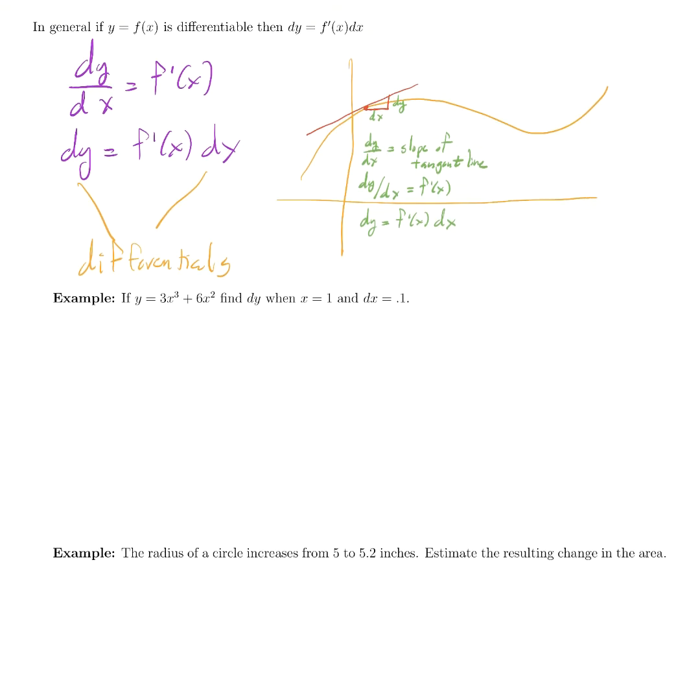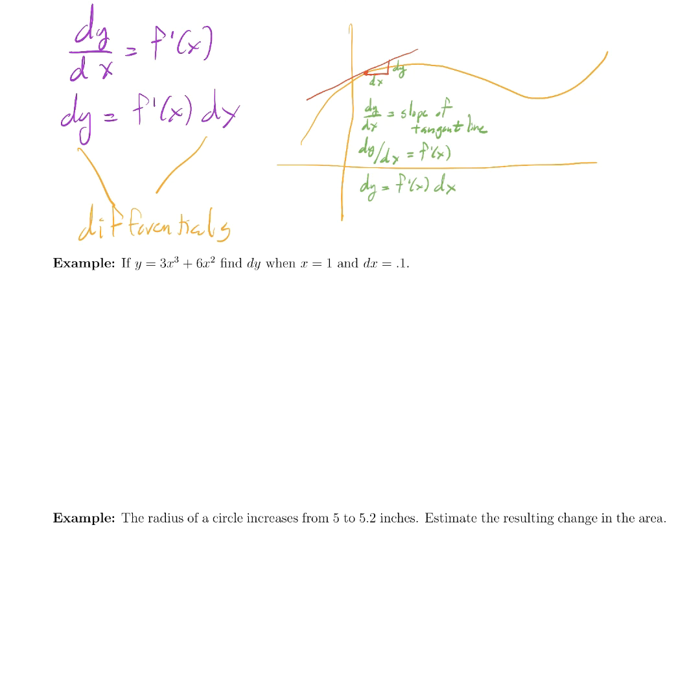So here's a generic example, and then we'll do one that's set in context. If y is 3x cubed plus 6x squared, find dy when x equals 1 and dx is equal to 0.1. So dy is going to be f prime, which is 9x squared plus 12x, times dx.